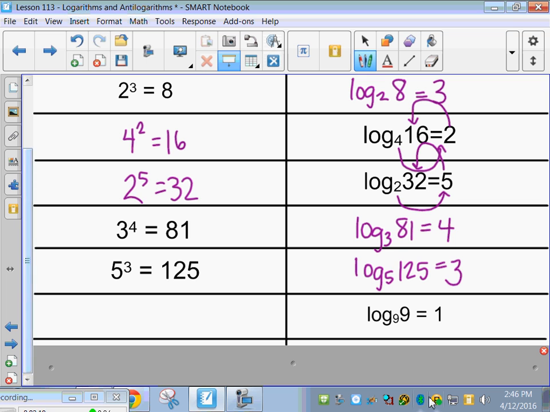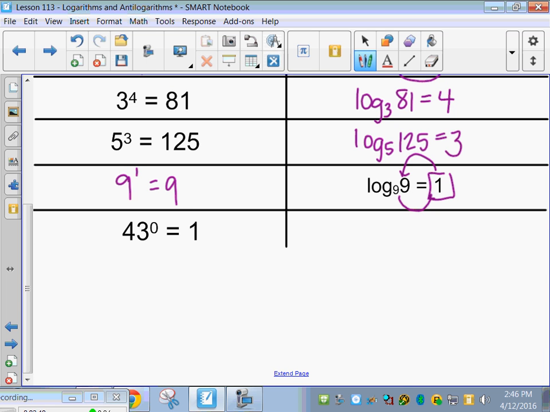Okay, you guys try this one. Okay, so 9 to the first equals 9. If you ever have 1 here, you're going to have the same base as argument here. Alright, 41 to the 0 equals 1 would be log base 41 of 1 equals the exponent 0.